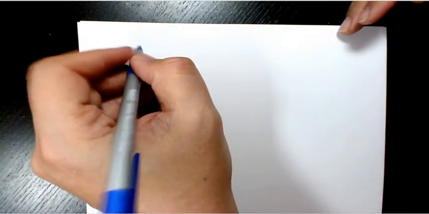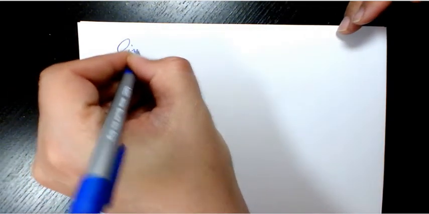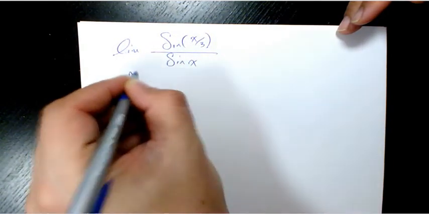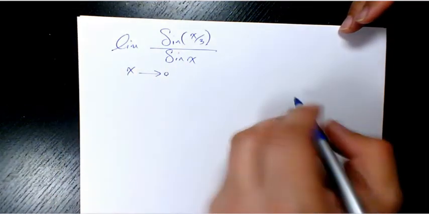Next example, it says limit of sine x over 3 over sine x when x is approaching 0.